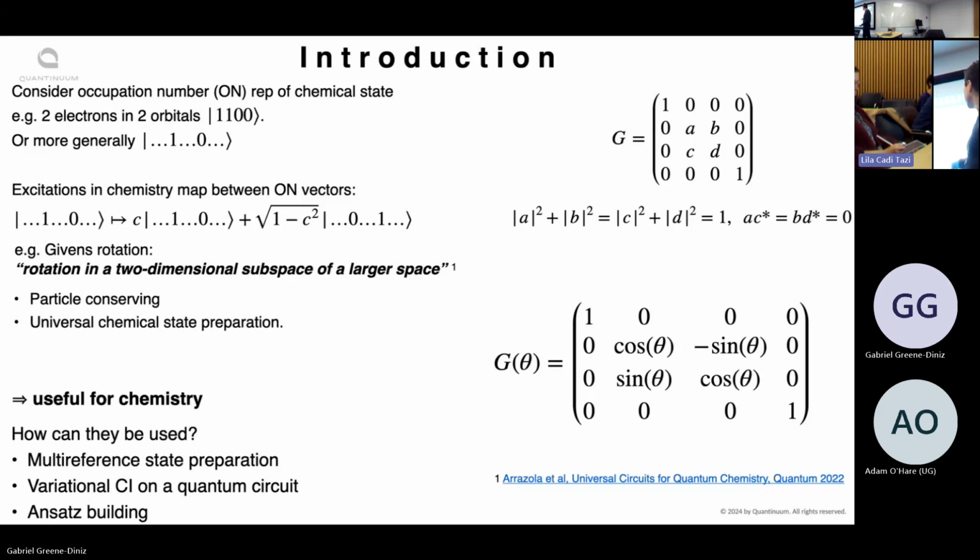You can also make these coefficients variational parameters, and therefore you can do something like variational configuration interaction on the quantum circuit, if that quantum circuit was then an ansatz for VQE. In this particular talk, I'm going to focus more on the multi-reference state preparation application, which is the same method, but now the coefficients are fixed to something you select in advance.